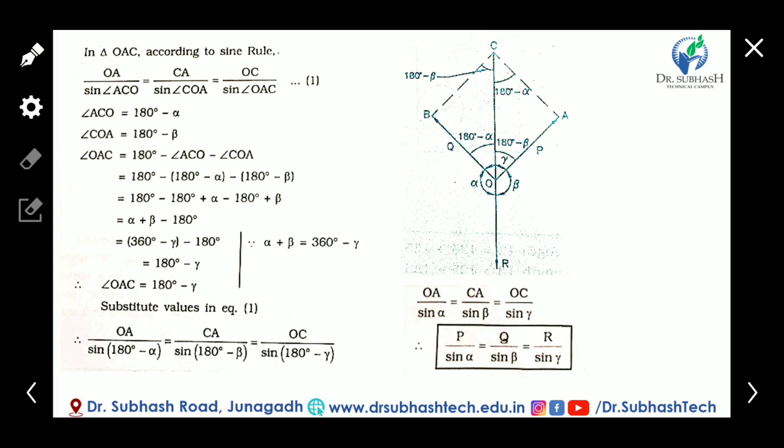Now here we consider that the straight line angle is 180 degrees.